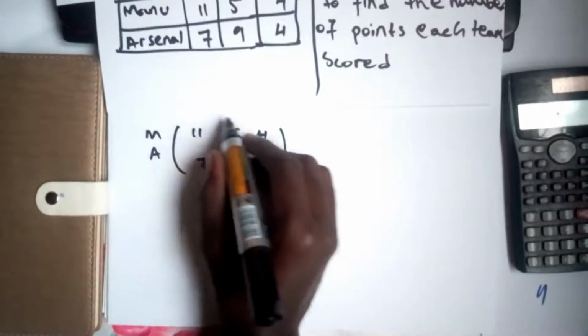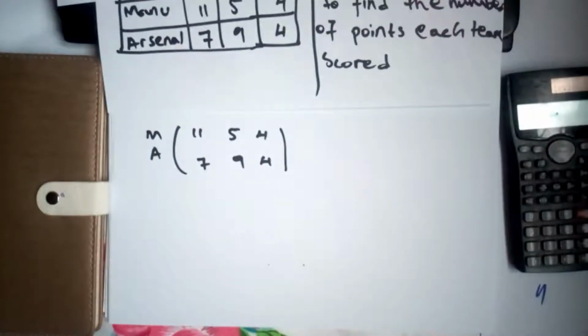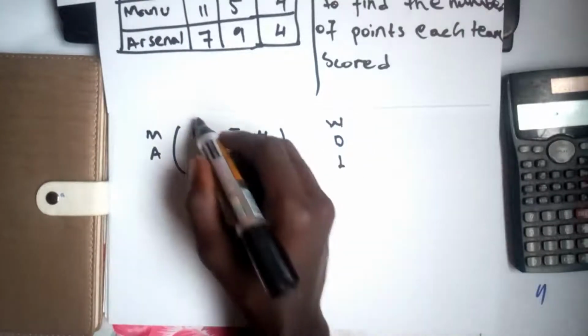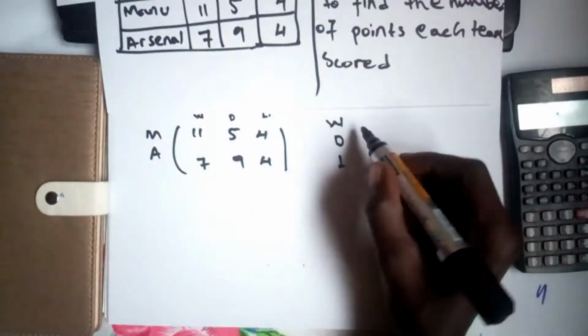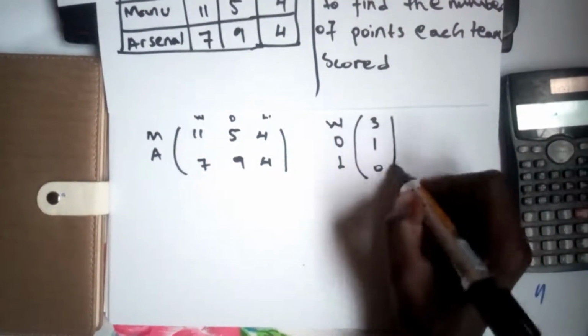So this is win, draw, and loss. Then we can also form a matrix to represent the number of points for the win, draw, and loss. So if I have a win, a draw, and a loss, remember here we are also having win, draw, loss. It can be got as 3, 1, 0.